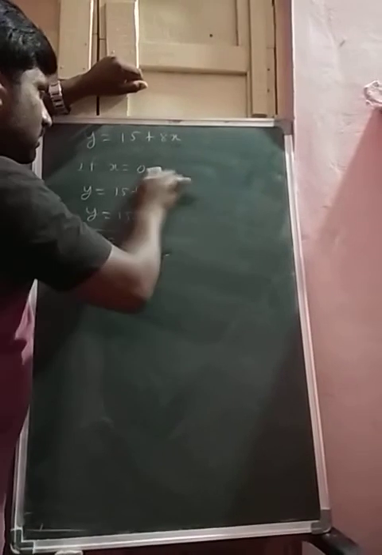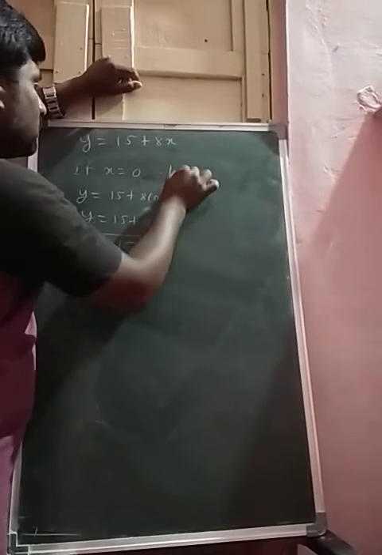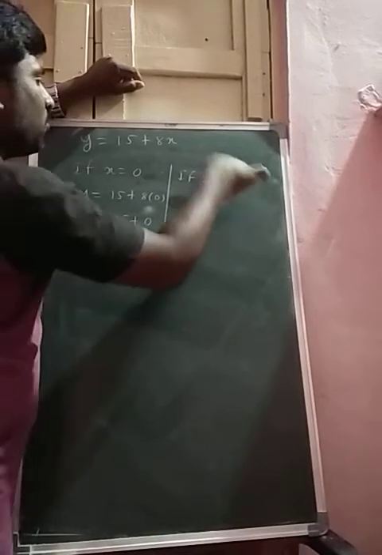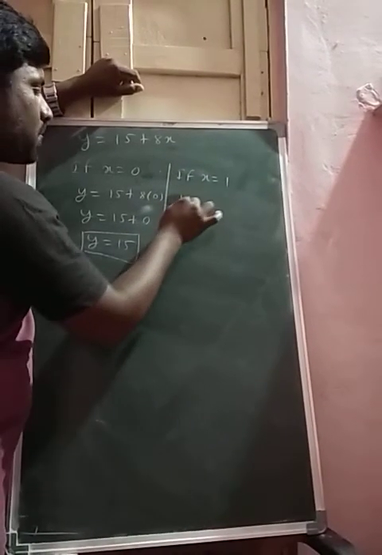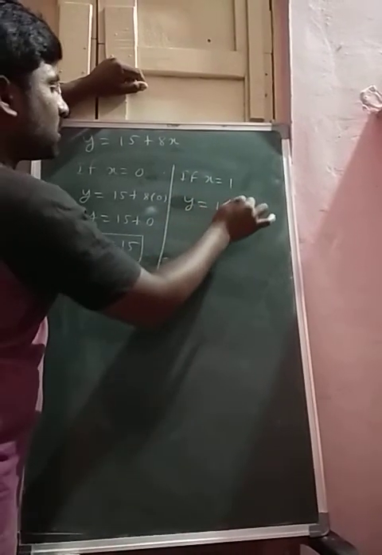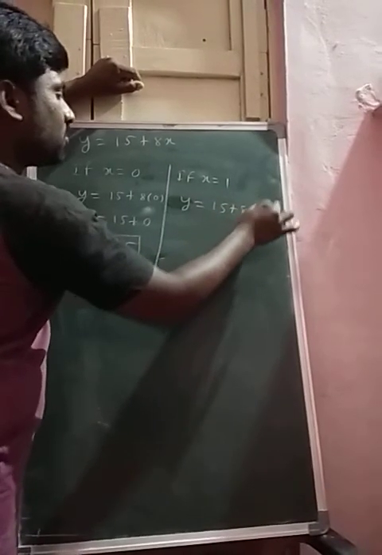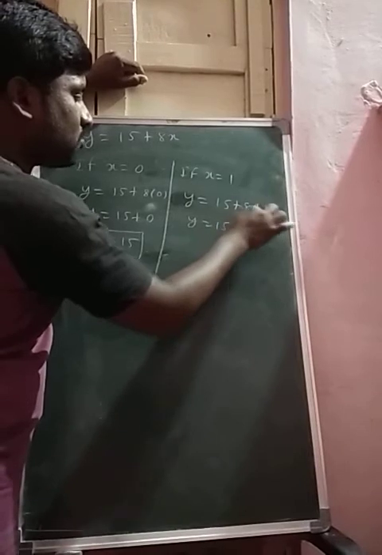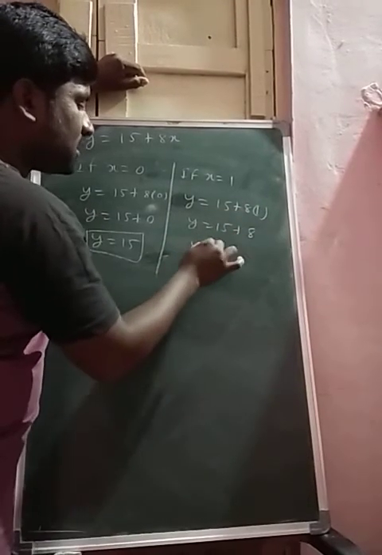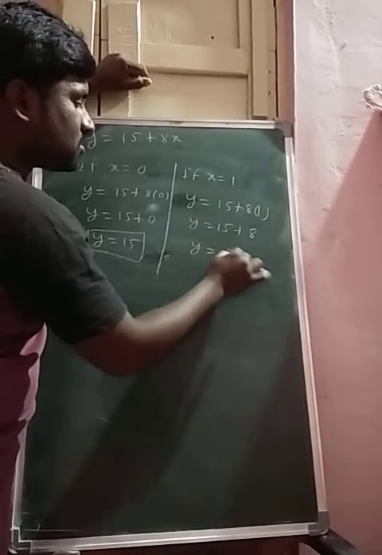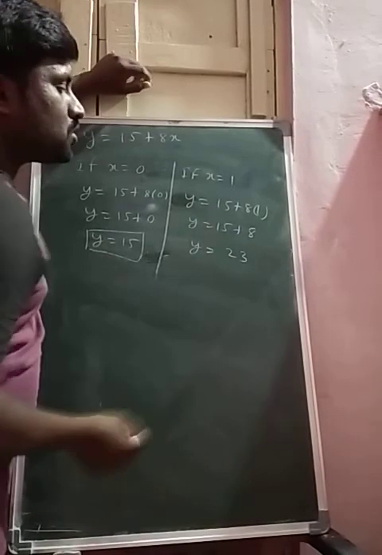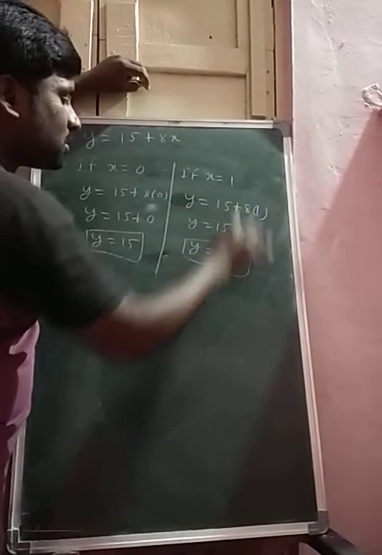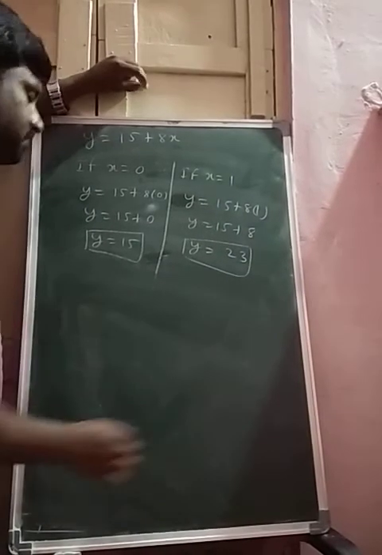Like that, if x is equal to 1, then y is equal to 15 plus 8 times 1, that is 15 plus 8, which is 23. If x is 1, the value of y is 23.